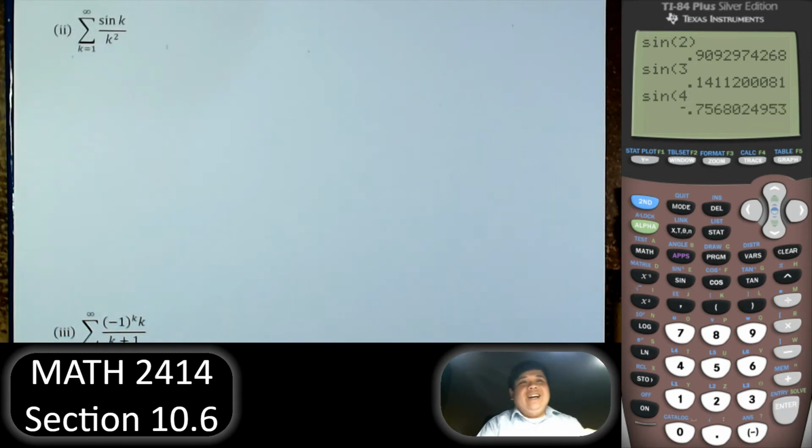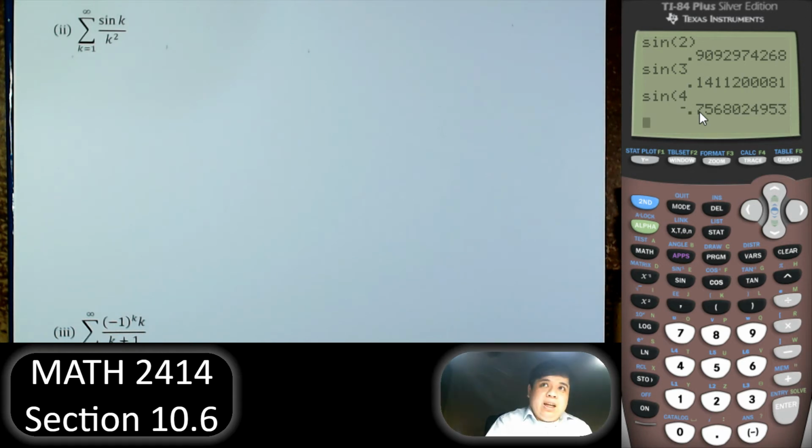Yes. So for some values of k, sine is negative. Sine 4 is negative. So there's some positive and some negative. But as you see, they do not alternate. Positive, positive, and then negative.